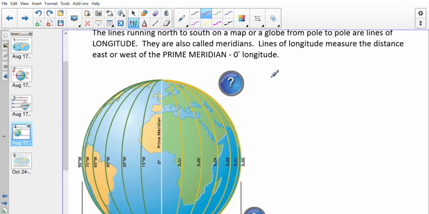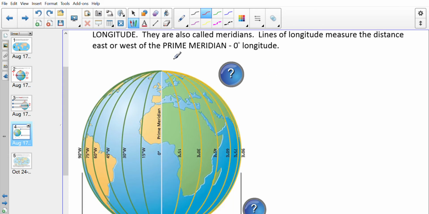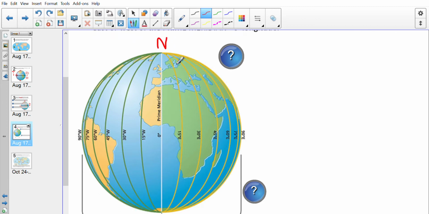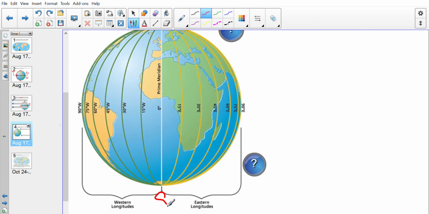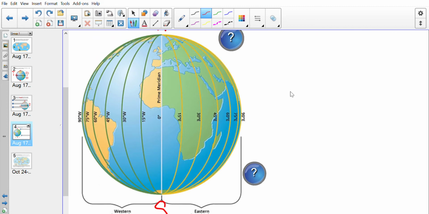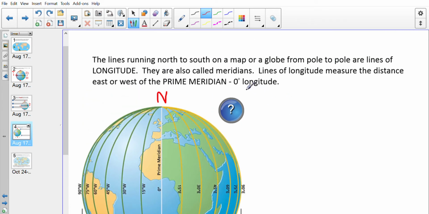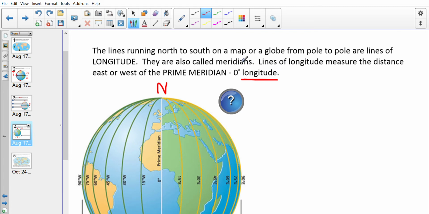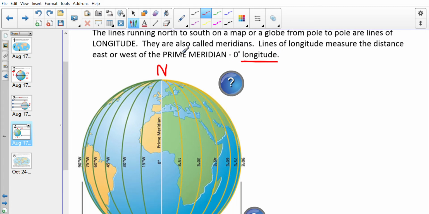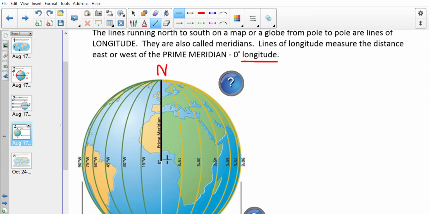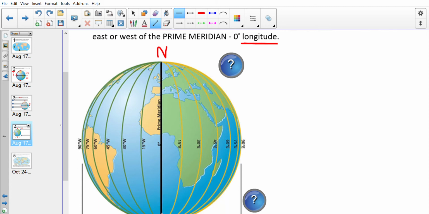The other lines on a map or globe that run from north to south are called lines of longitude. Okay, there's that word longitude. Same thing as the lines that run east to west, or the latitude lines. The longitude lines are identified by the Prime Meridian, which is 0 degrees.